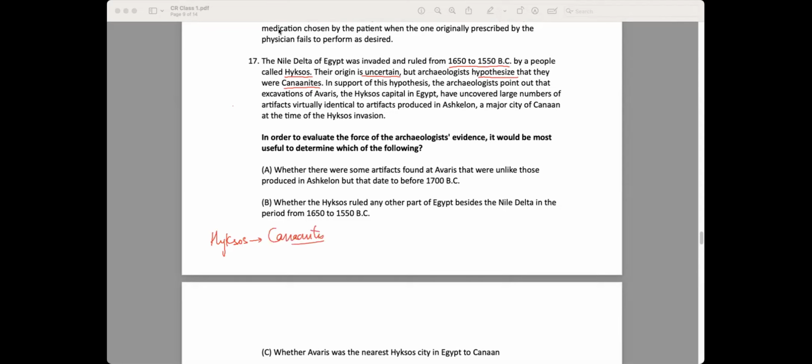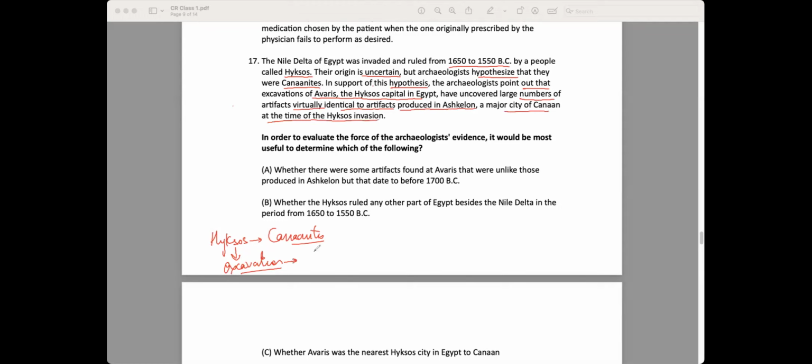Canaanite means they were from Canaan, the name of the city. In support of this hypothesis, the archaeologists point out that excavation of Avaris, the Hyksos capital, has uncovered large numbers of artifacts virtually identical to artifacts produced in Ashkelon, a major city of Canaan at the time of Hyksos civilization.